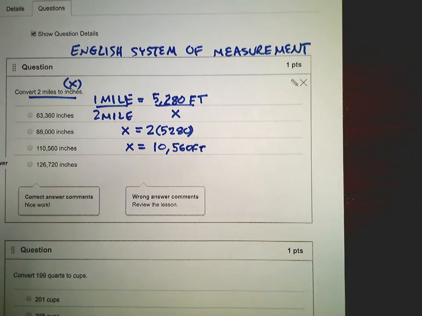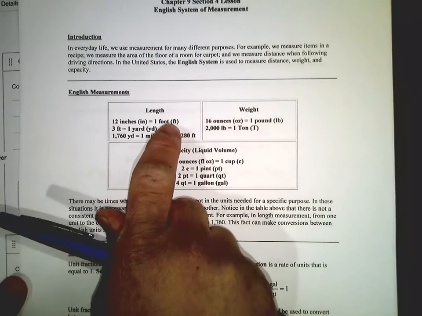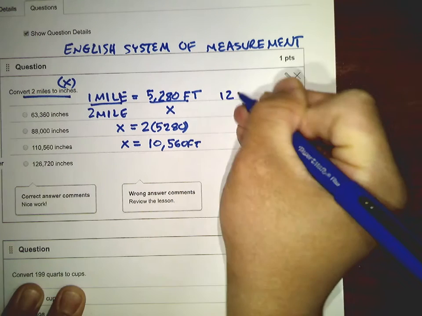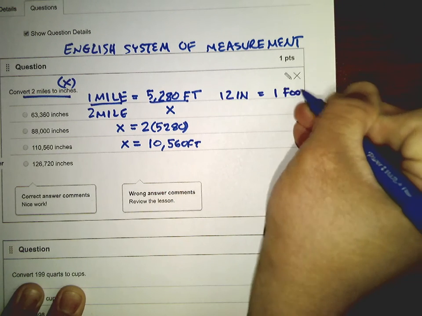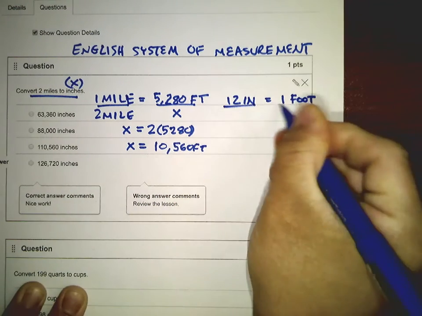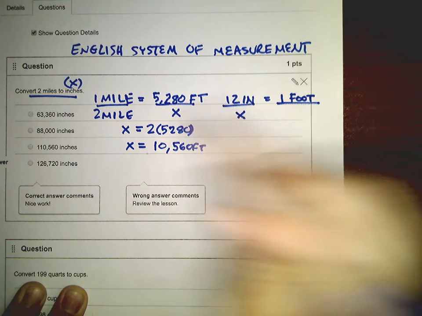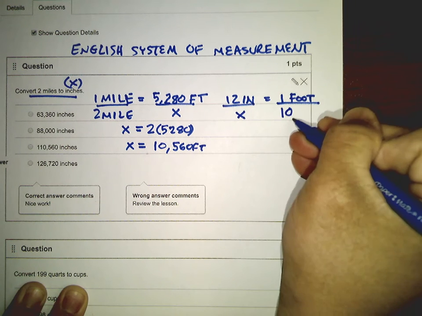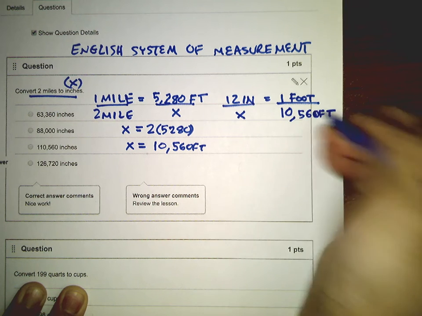All right, so now we want to know how many inches that is. Well, we know that 12 inches equals 1 foot. So we want to know how many inches, x inches, 10,560 feet equal.